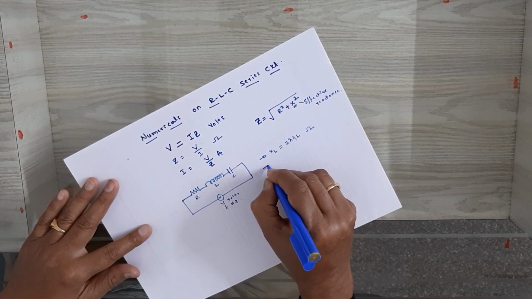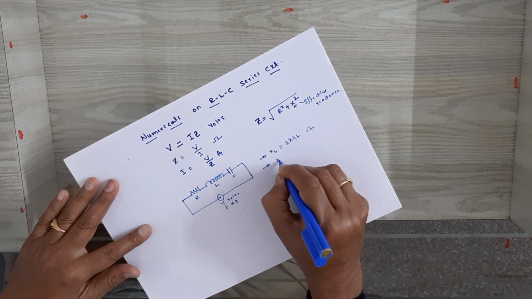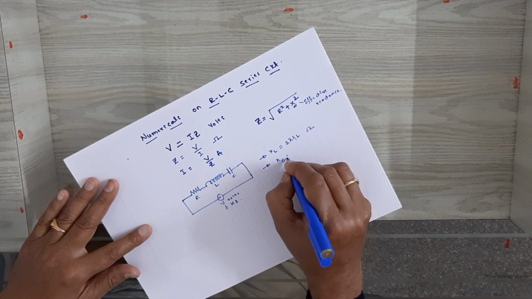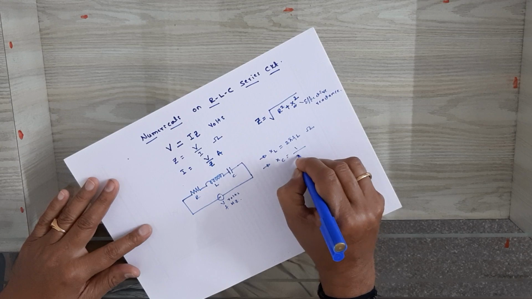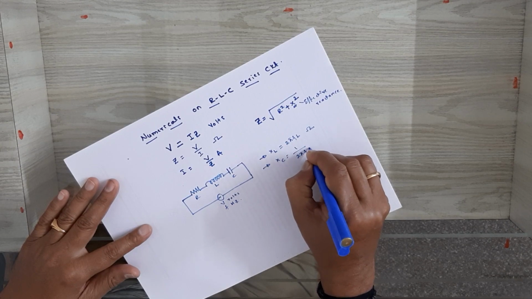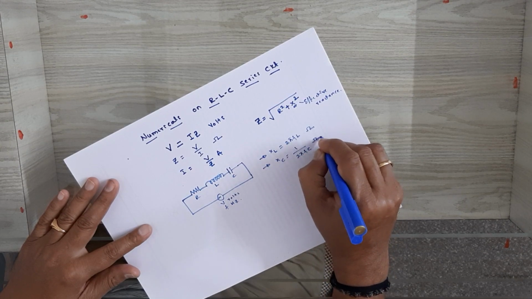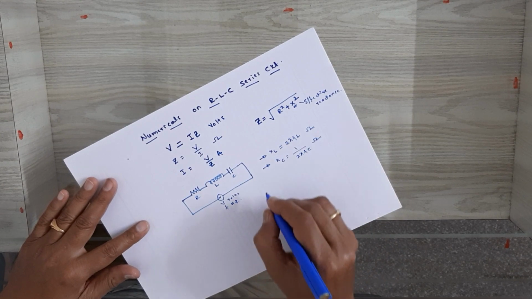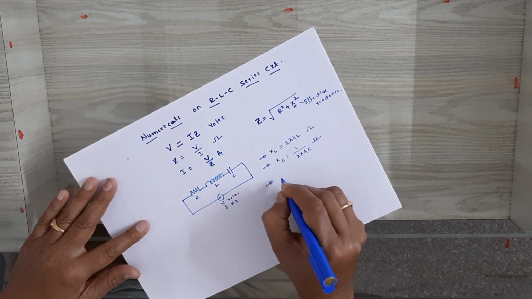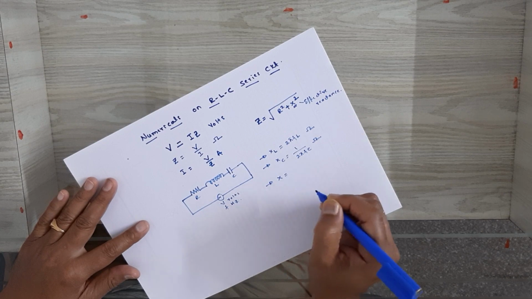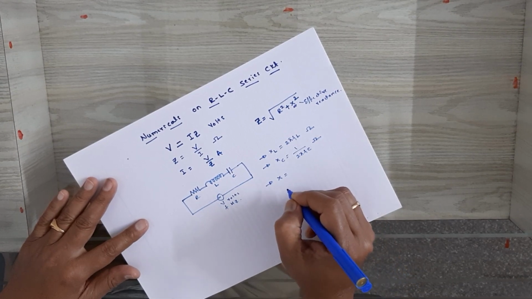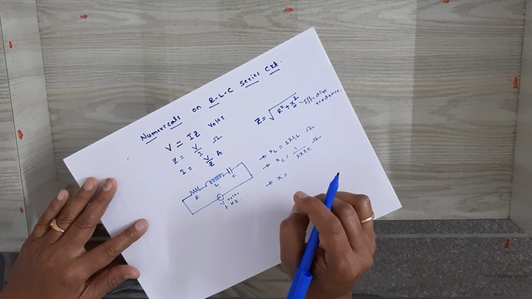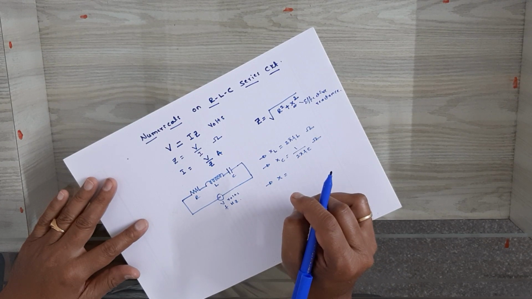The next step is to calculate the value of XC, that is equal to 1 by 2 pi FC, so many ohms. Then you have to find the effective reactance X. The effective reactance X is the difference between the inductive reactance and the capacitive reactance.